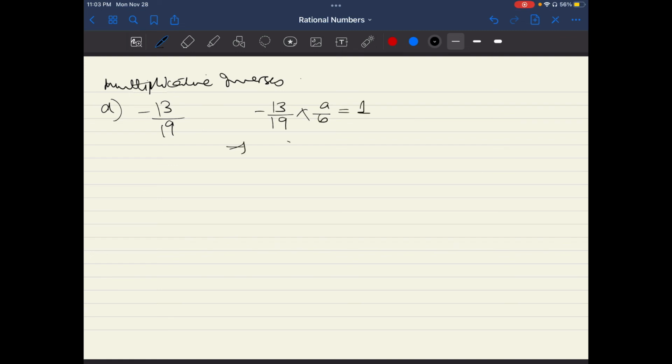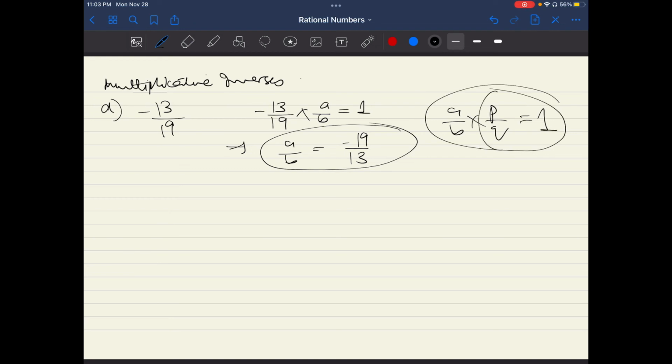So therefore, in this case, a over b turns out to be minus 19 over 13. Therefore, since a over b times p over q equals 1, we can say that p over q is the multiplicative inverse of a over b. So in this case, minus 19 over 13 is the multiplicative inverse of minus 13 over 19.